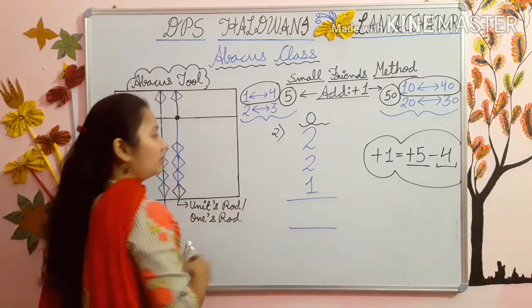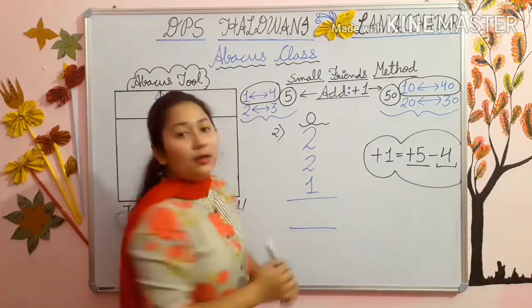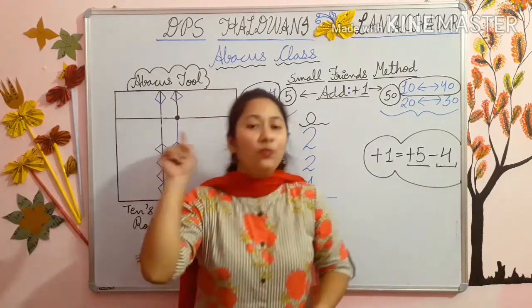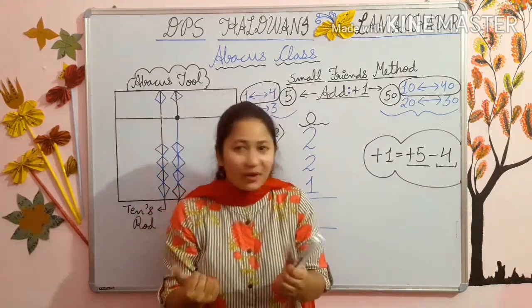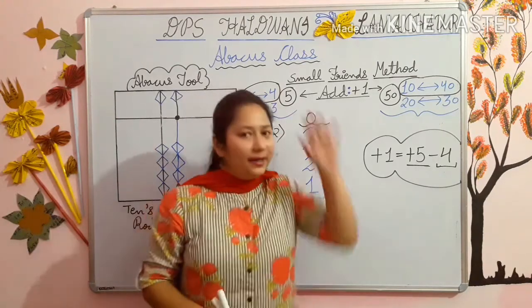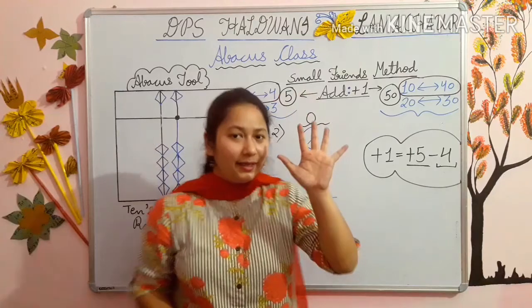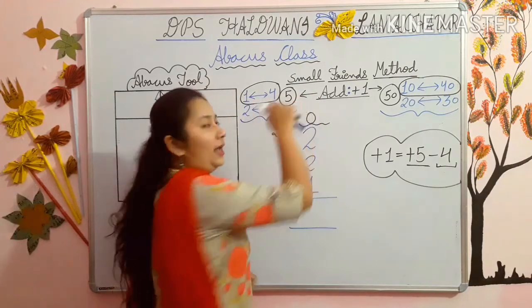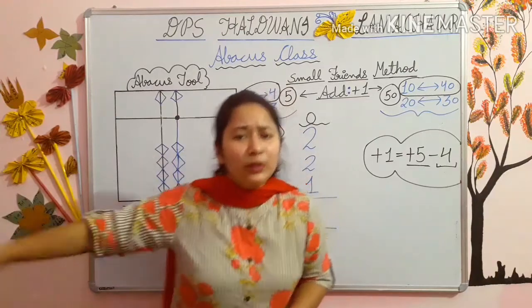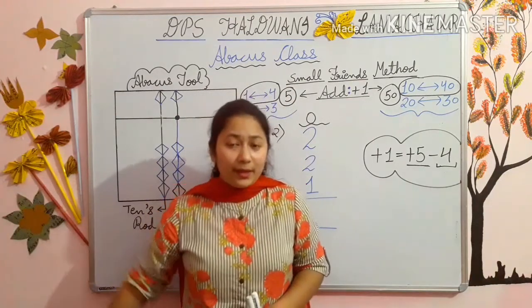Yes. So kids, again we will do this. Now I have told you that whenever you have to add 1, आपको 1 add करना है and beat is not there. So what you will do? First of all you will add 5. आप क्या add करेंगे? 5. And then you will subtract your friend. आप अपने friend को अपने से दूर कर देंगे, subtract कर देंगे. Yes.